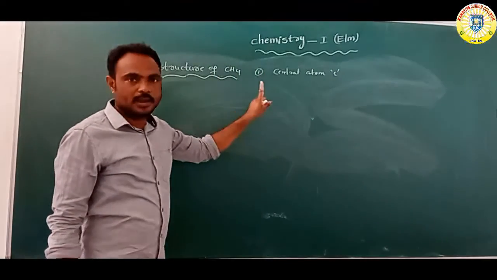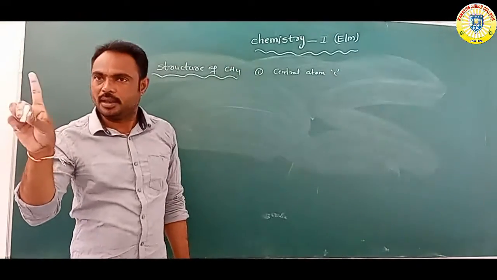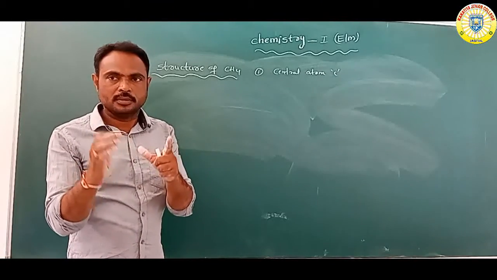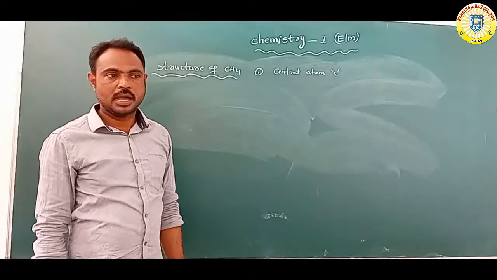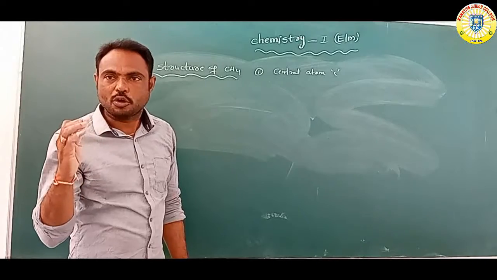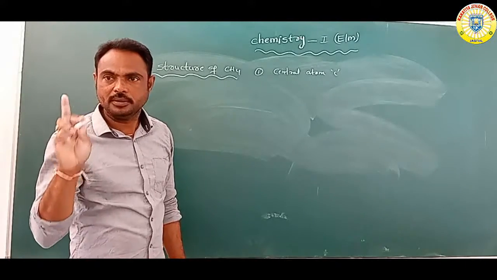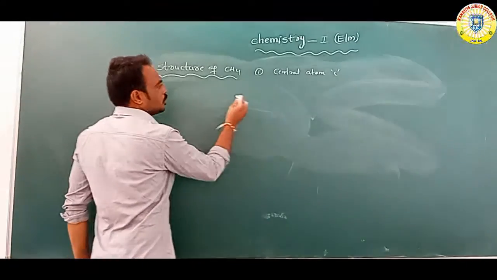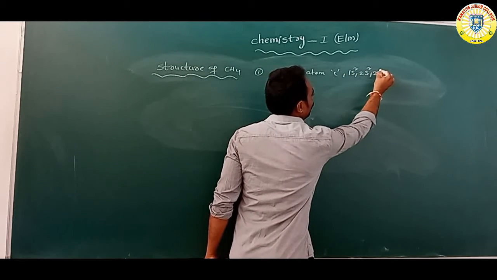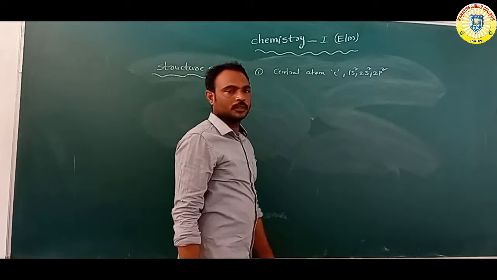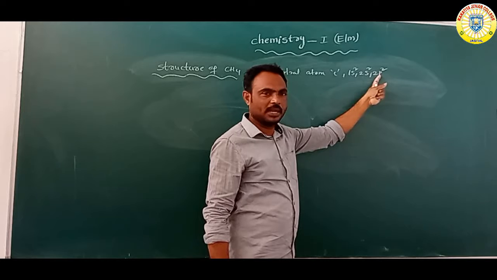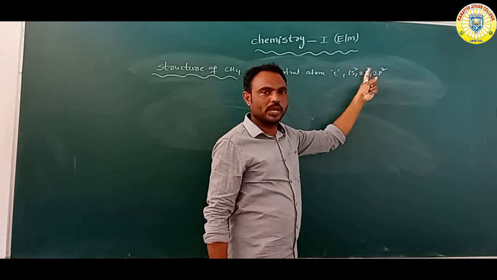How much is the atomic number? 6. Now we write the electronic configuration of carbon. That is 1s2, 2s2, 2p2: 1s orbital, 2s orbital, 2p orbital.